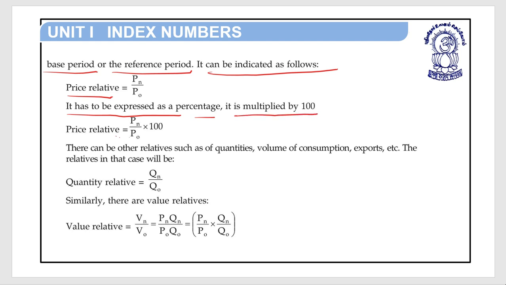So price relative in terms of percentage is equal to Pn by P0 into 100. There can be other relatives such as quantities, volume of consumption, export, etc.